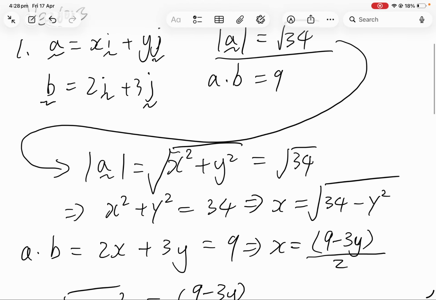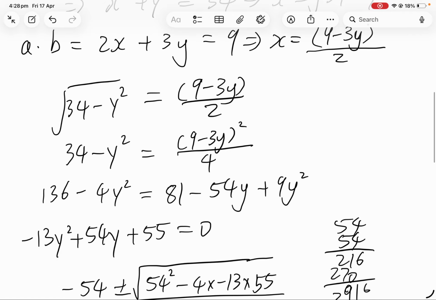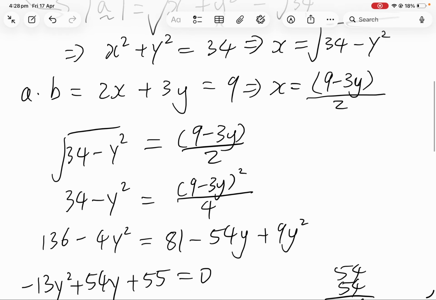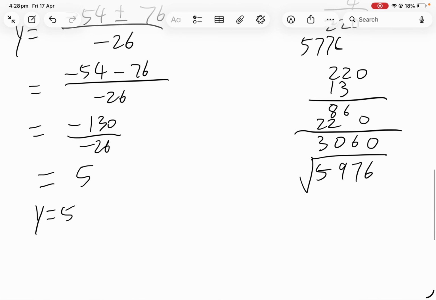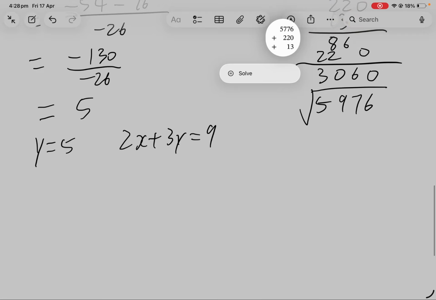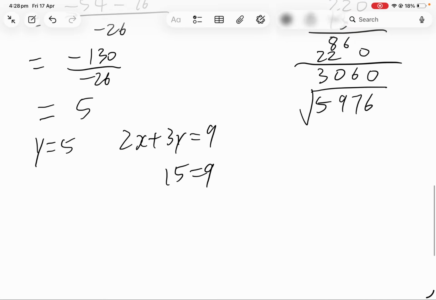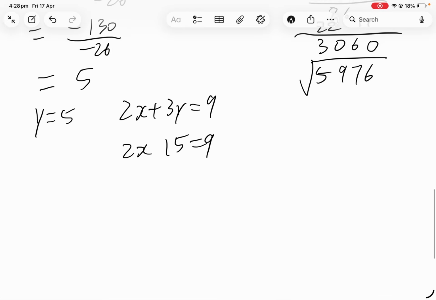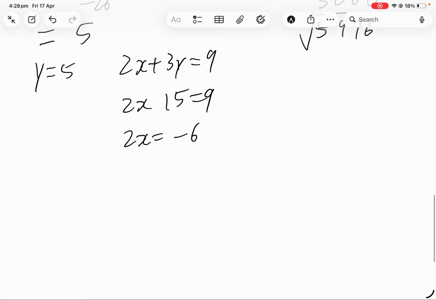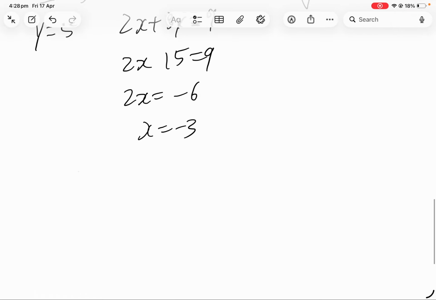Then x has to be, from 2x plus 3y equals 9, if y is 5, that's 15, so 2x will equal negative 6, and x will equal negative 3. So y equals 5, x equals negative 3.